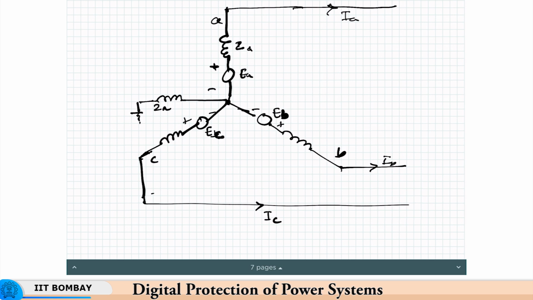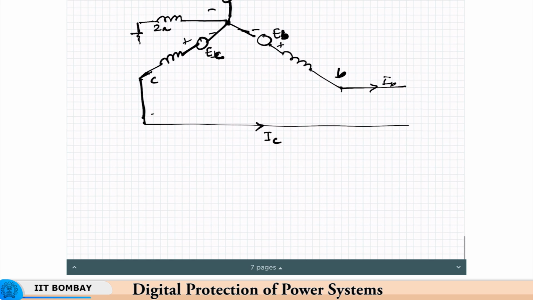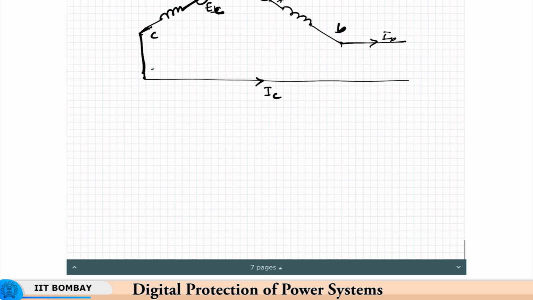Okay. So, first we will have a look at the positive sequence, then we will have a look at the negative and zero sequence. Now, there will be a generated voltage here first.